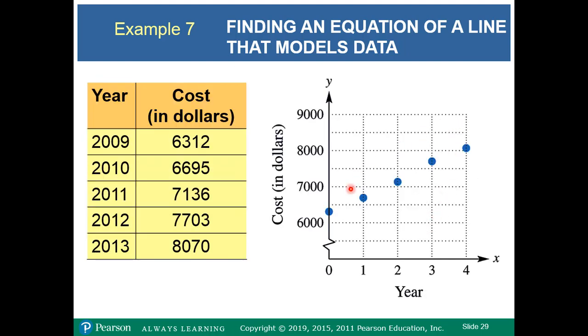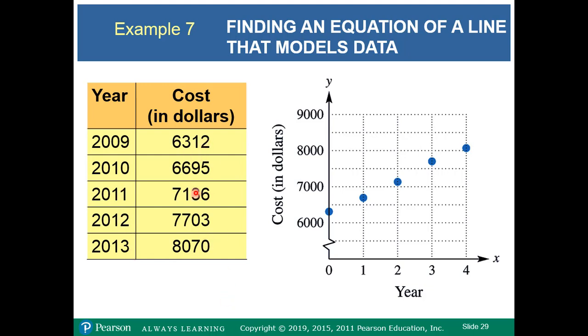Now this graph of ordered pairs is called a scatter plot or a scatter diagram. Notice that the dots form an almost straight line, so it definitely looks like a linear model here. We could use a linear model to model this data. Here are the years, and here are the corresponding costs.